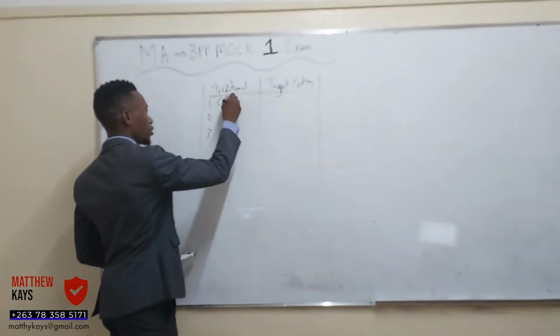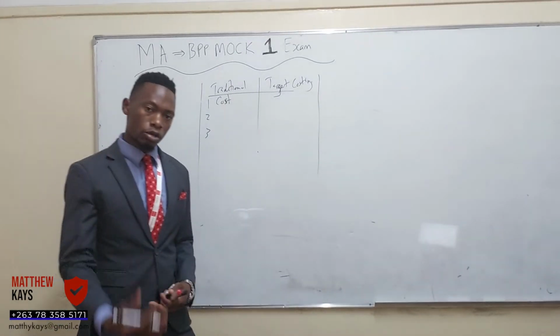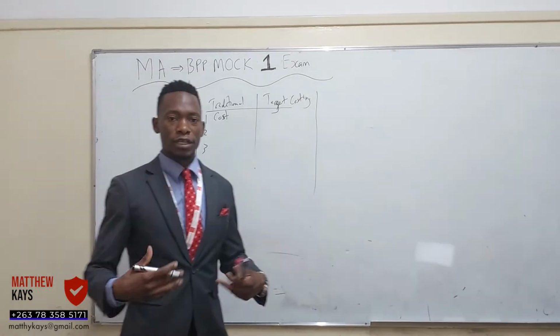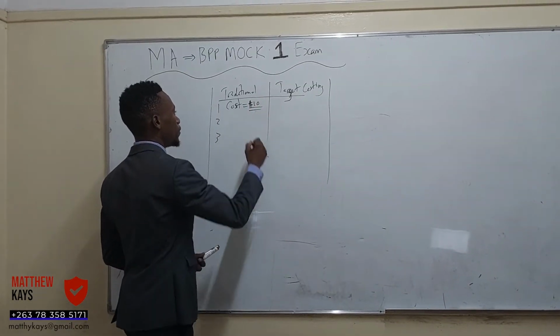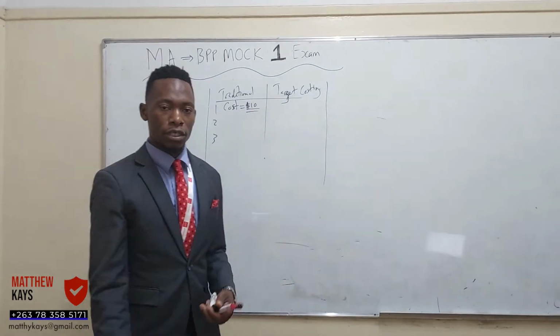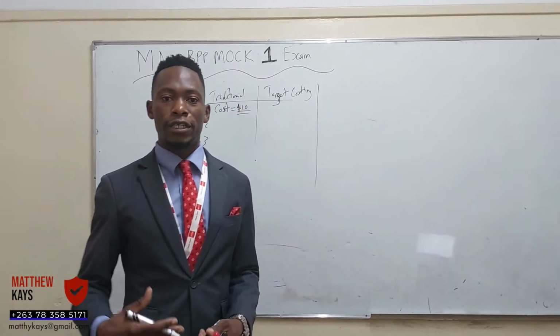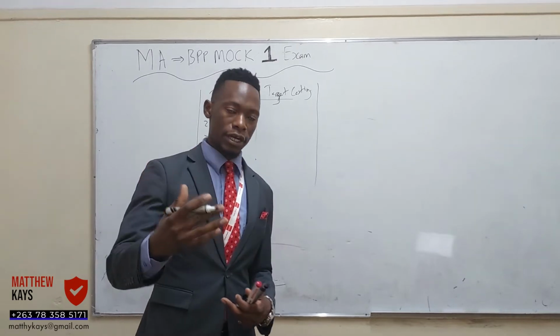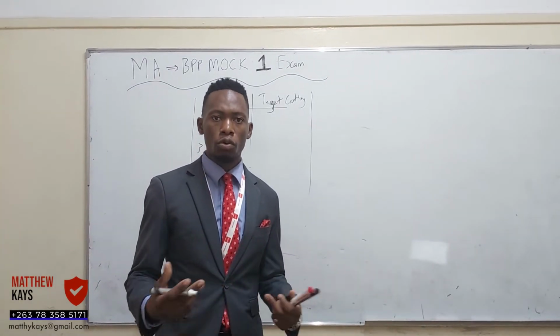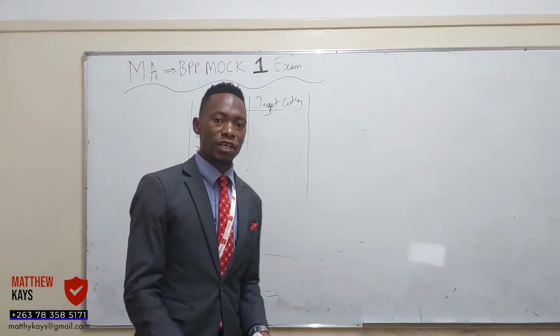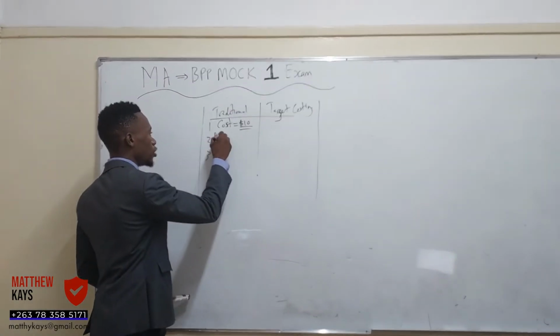That's the first stage. For example, let's say for argument's sake the product costs you $10. Obviously you can't sell at $10. You want to sell at a higher price. So for us to know the selling price, we need to know the markup that you're going to add.